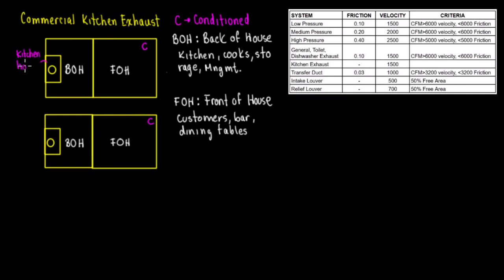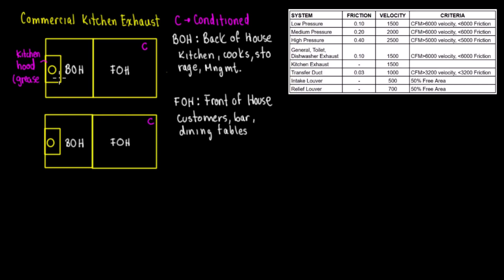You are exhausting all the effluents that you are cooking. I might be cooking different things like hamburgers, so pretty much this is associated with grease. I'm going to put here grease.